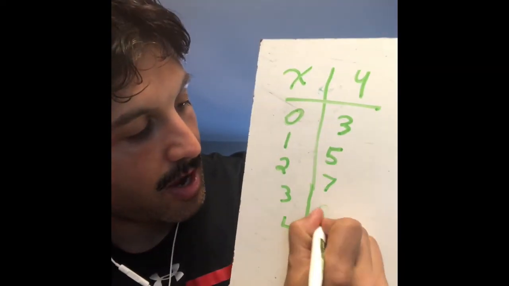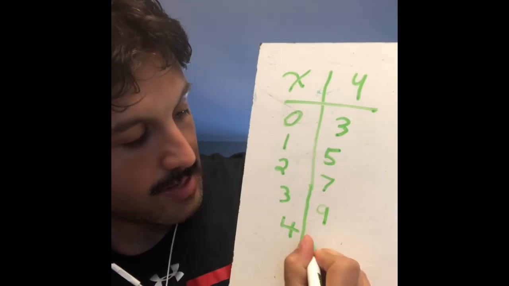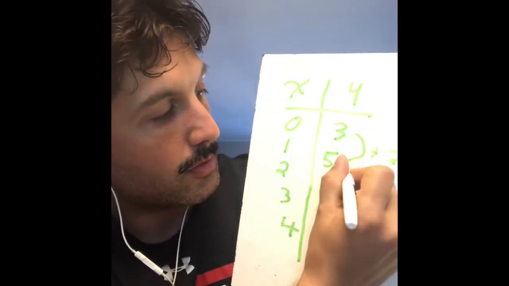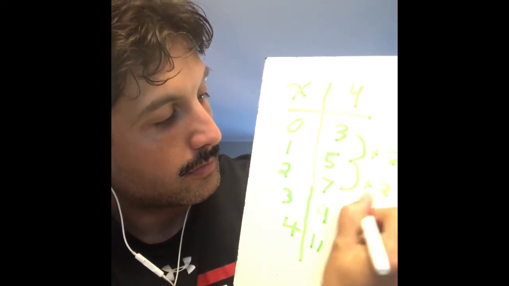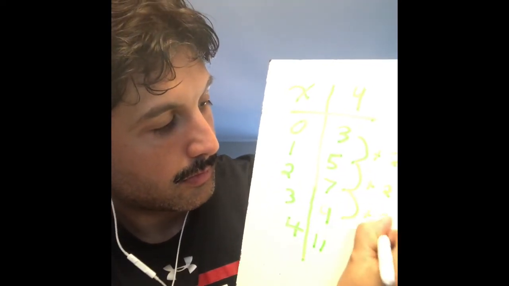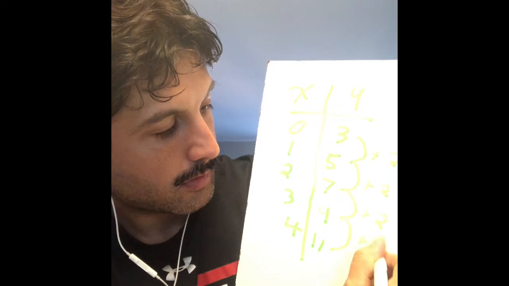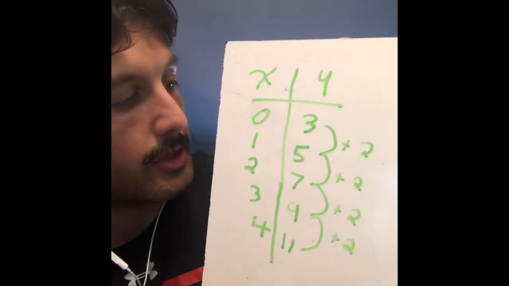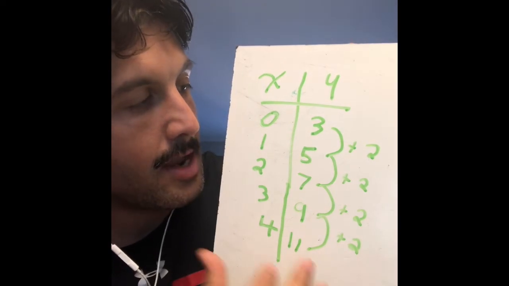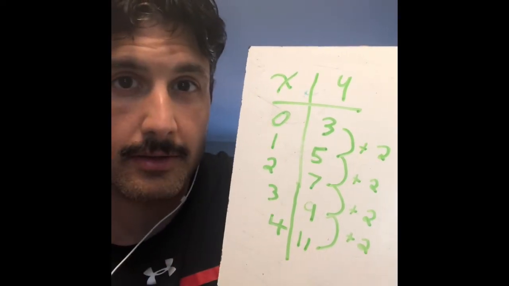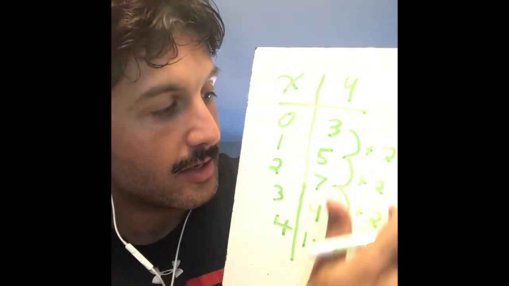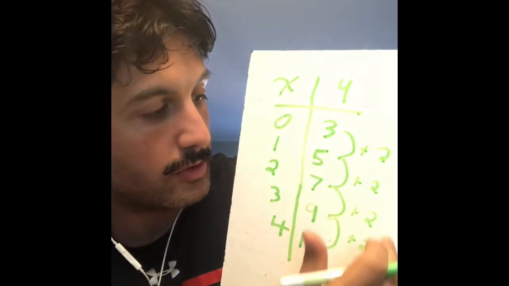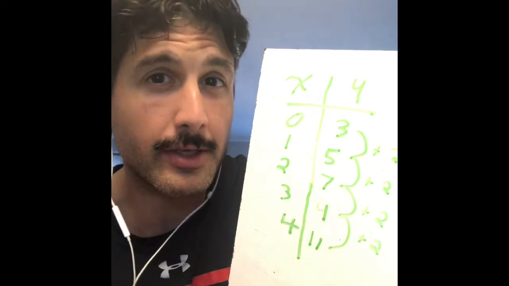It's going to go to 9, and then 11. Each of them jumps 2. And because they jump by 2 each time, that indicates that it's a linear relation because they go up by the same amount each time. So 2, 2, 2, 2, 2. And that will continue.